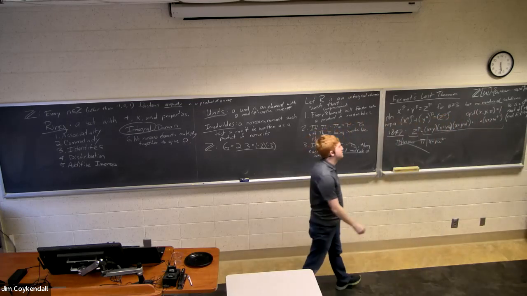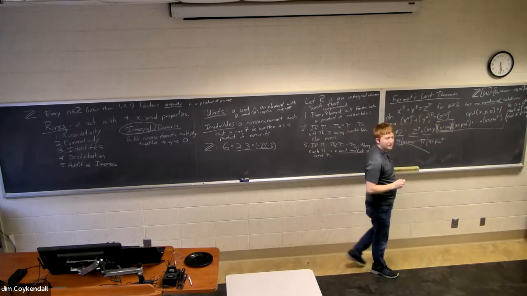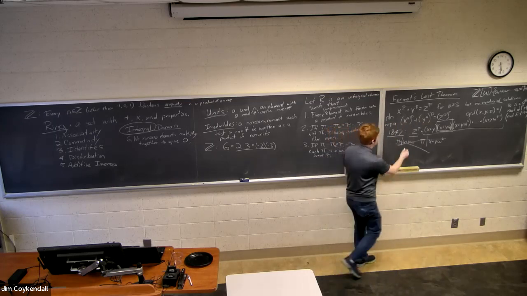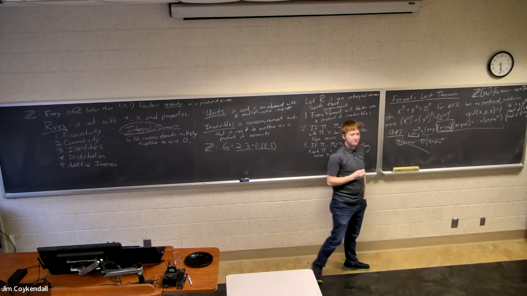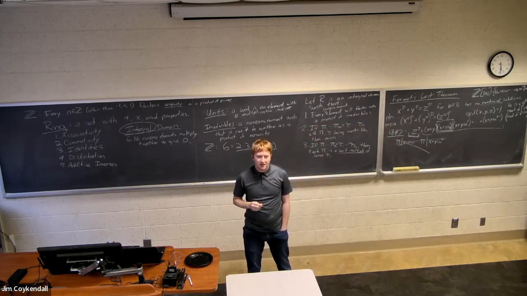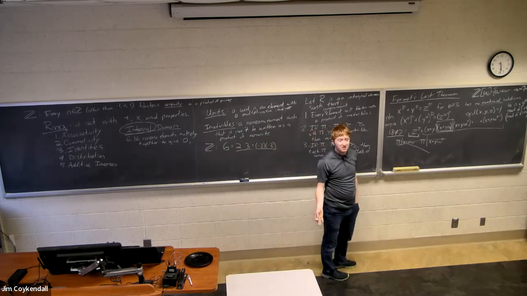If an irreducible appears here, that divides this, then I think you should agree with me that it also is going to divide this. So if an irreducible divides z to the p, well, then it would make sense that that irreducible should divide z.